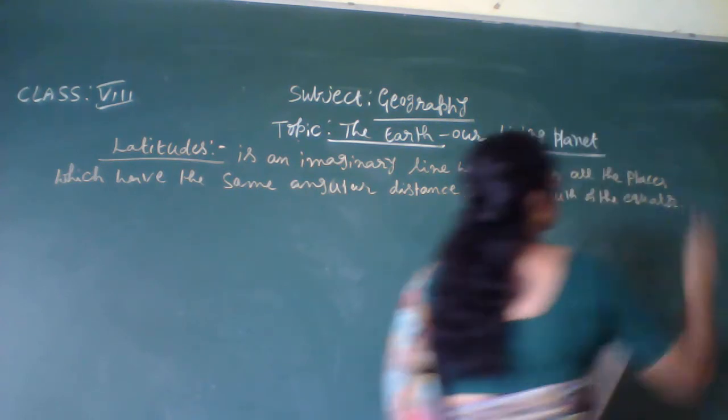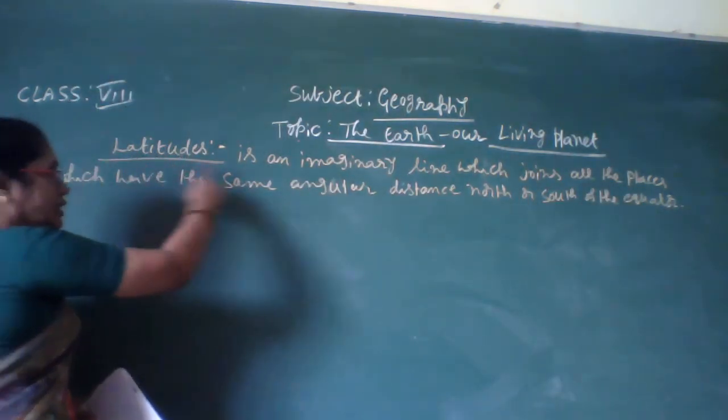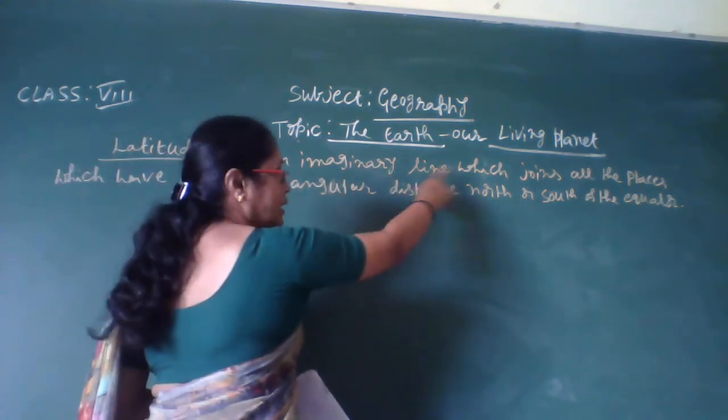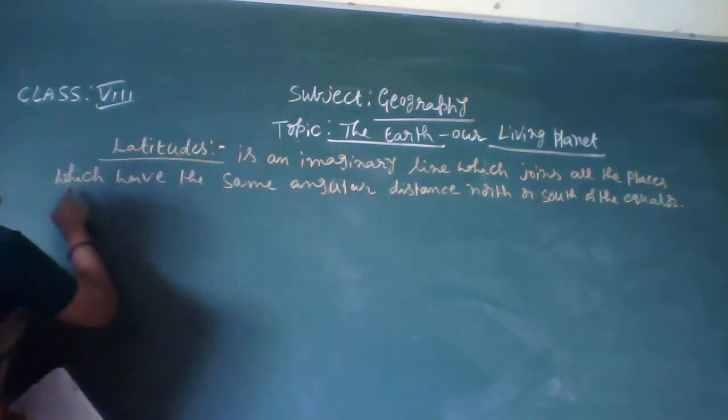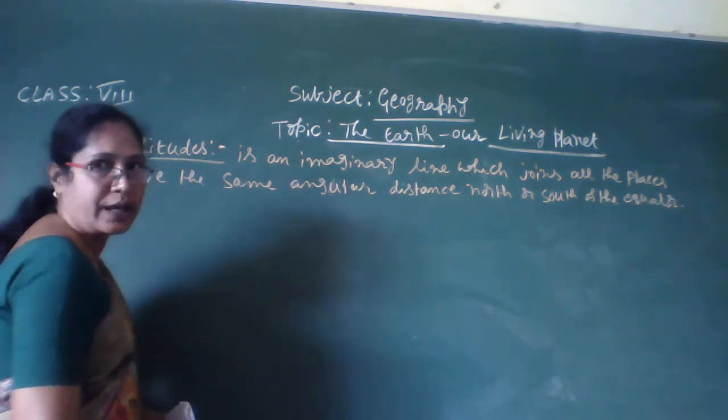It is known as the latitudes. Got it? What is latitude? It is an imaginary line which joins all the places which have the same angular distance north or south of the equator.